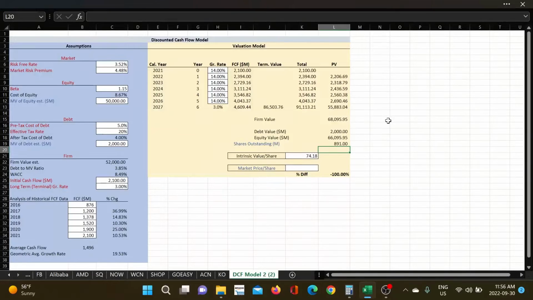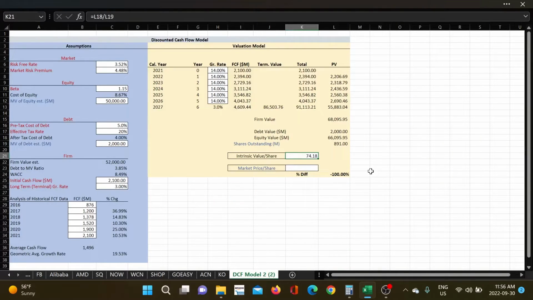So assuming the company has 891 million outstanding common shares, we get an intrinsic value per share of $74.18.